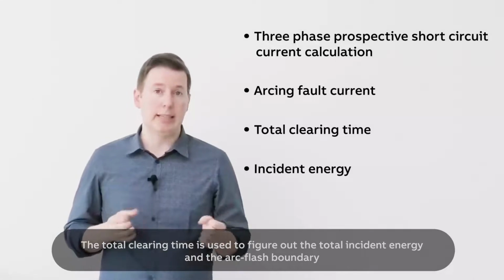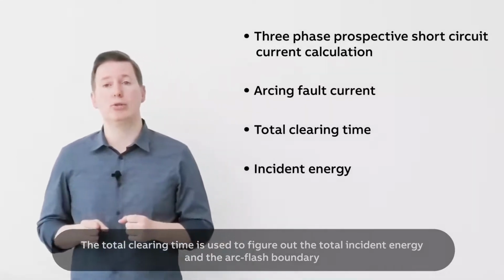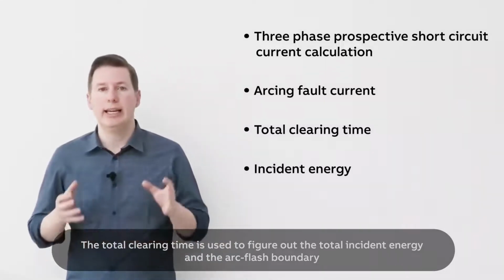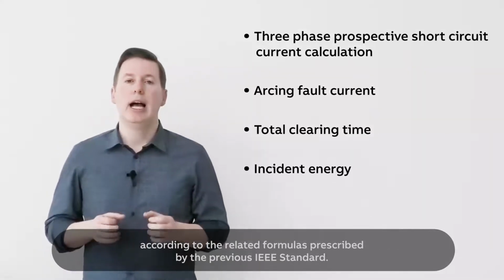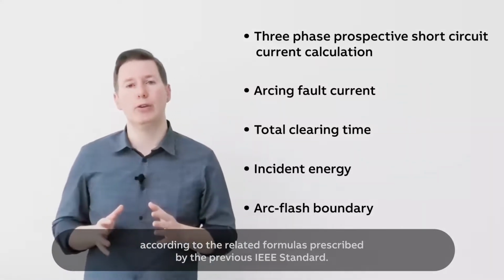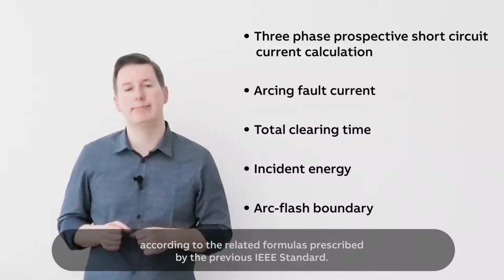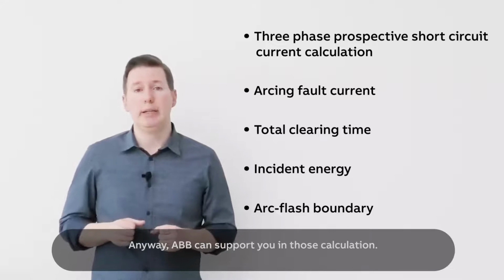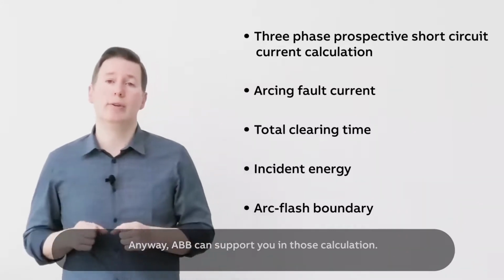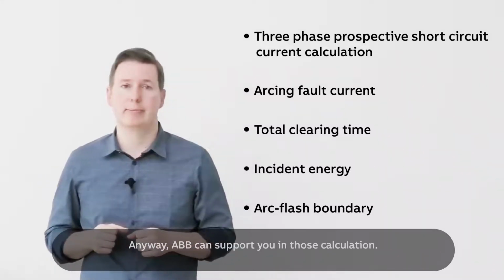The total clearing time is used to figure out the total incident energy and the arc flash boundary according to the related formulas prescribed by the IEEE standard. Anyway, ABB can support you in those calculations.